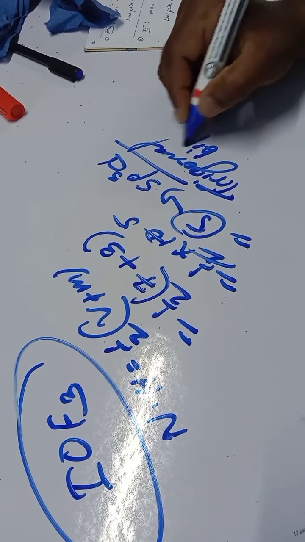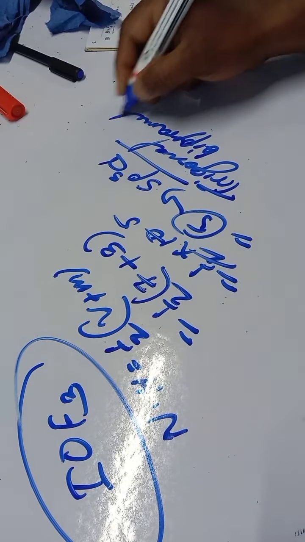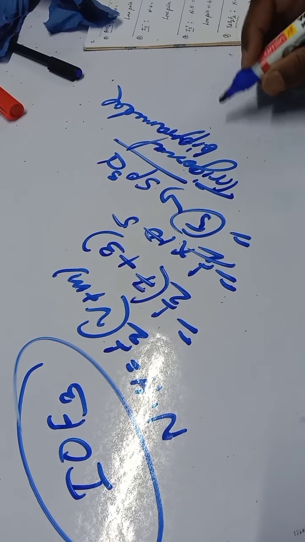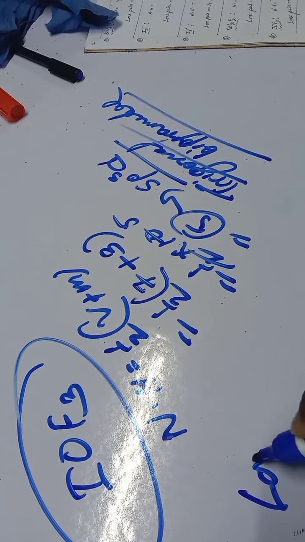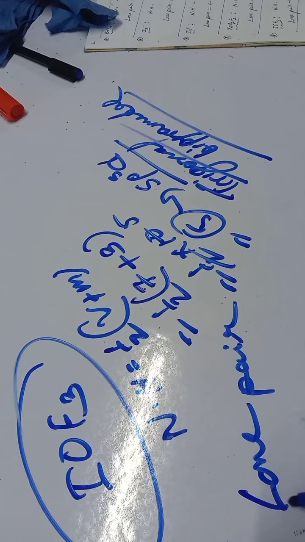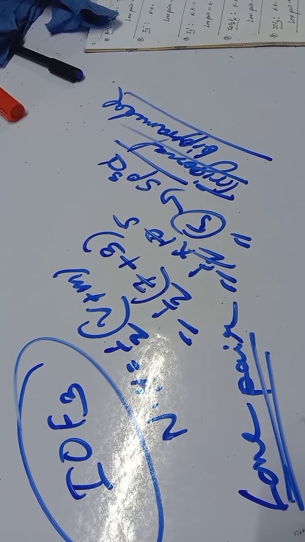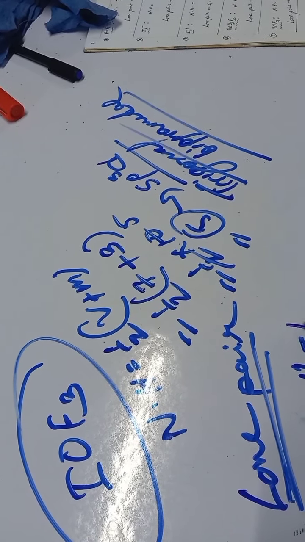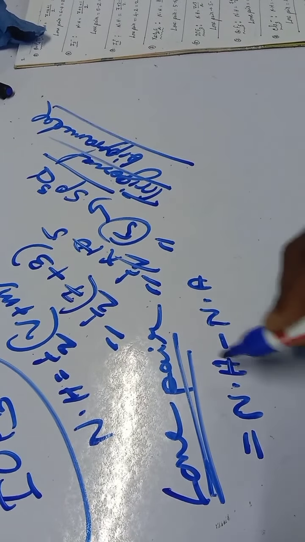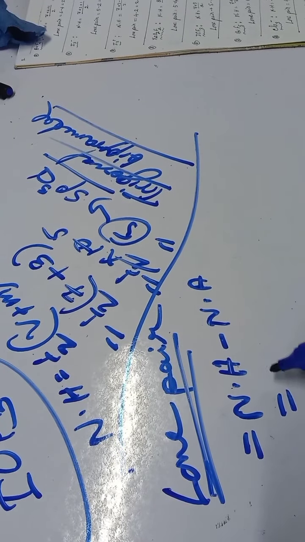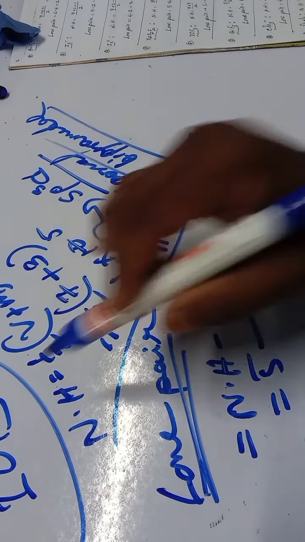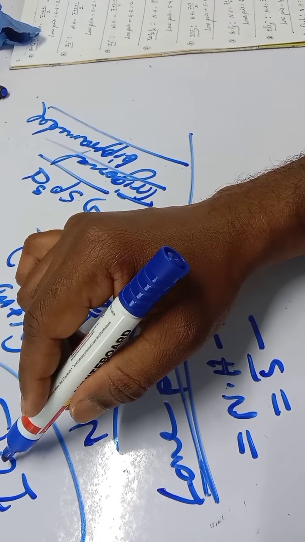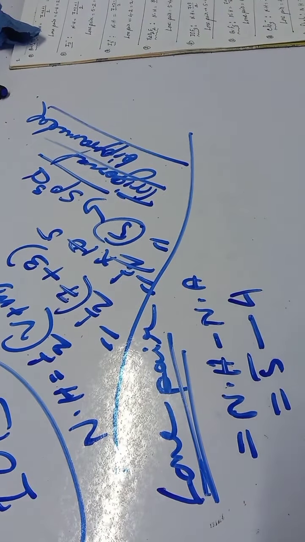The number of lone pair is NH minus NA, that is 5 minus NA, 3 plus 1, oxygen 1, fluorine 3, that is 4.